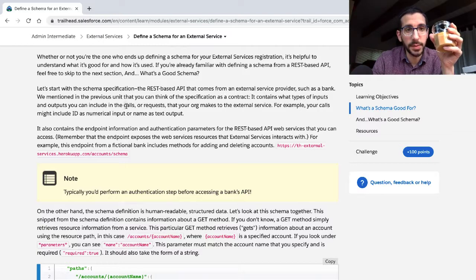Which one is the developer jargon term, a call or a request? They both sound like jargon to me. Apparently calls is the jargon because we're using it again. For example, your calls might include ID as a numerical input or a name as a text output.